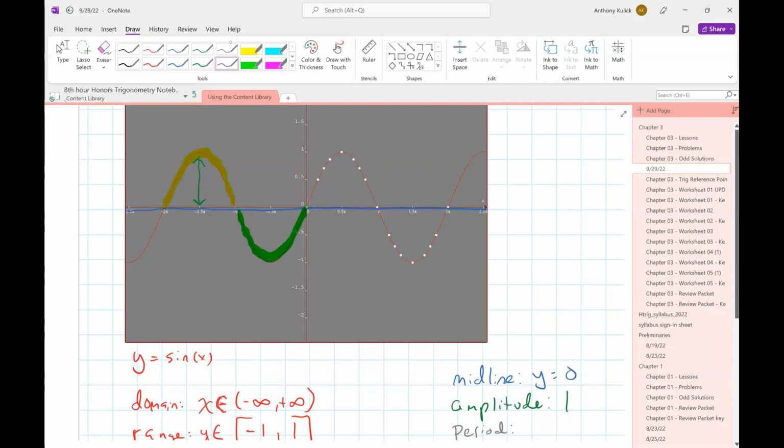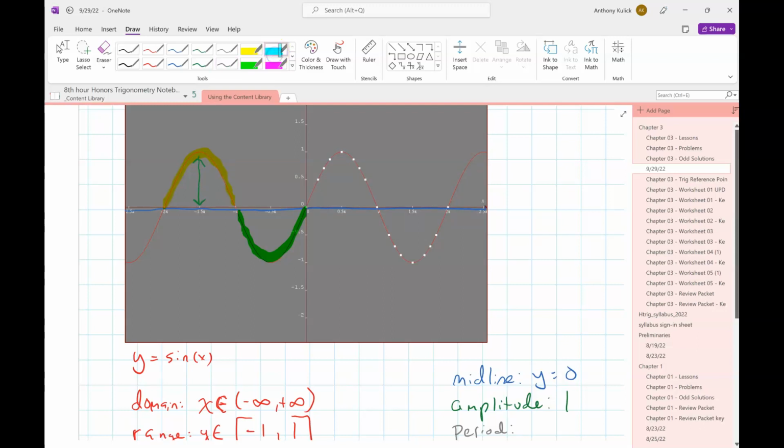The third thing is the period. So the period is like the longest non-repeating segment of my graph. So let's say we start looking at 0, 0. So if I look at my graph, I have an up, and then I have a down, and then I get back to 0, 0, and I would do another up again. I picked a terrible color to do this with.